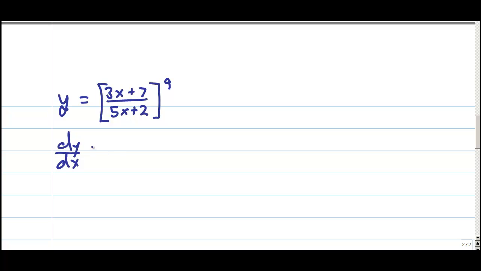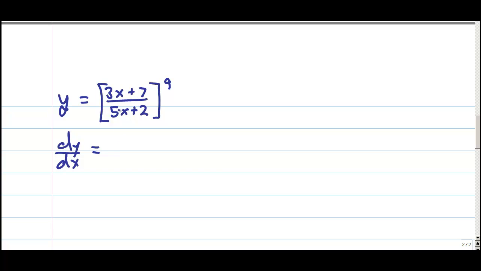Okay. Now let's look at another one. Let's suppose we've got y equals, let's say, 3x plus 7 over 5x plus 2 to the 9th power. Something like that. And we want to differentiate that. Okay.